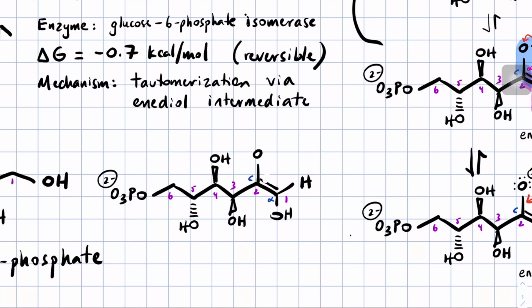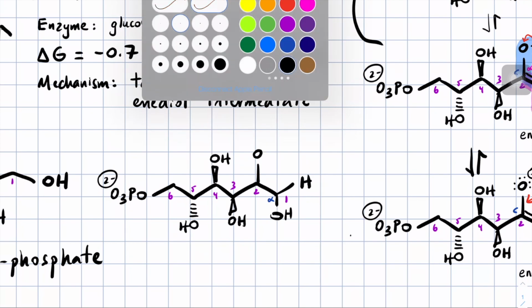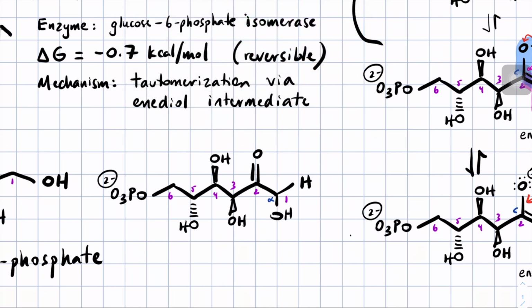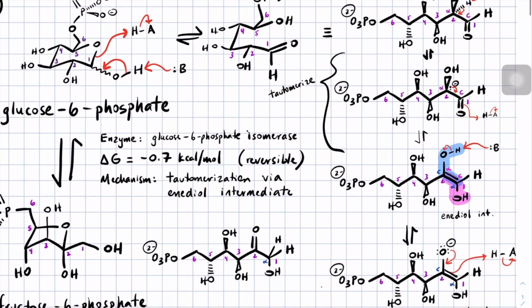When we protonate on blue alpha carbon 1 and make a new pi bond between carbon 2 and its oxygen, we have basically moved the carbonyl over. We started out with an aldehyde. We did a series of tautomerization steps to get to the enediol, and then we tautomerized again to get to the ketone.